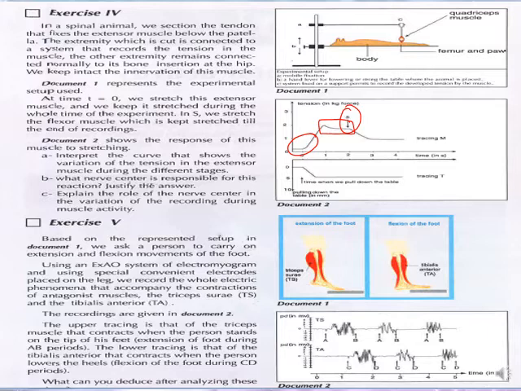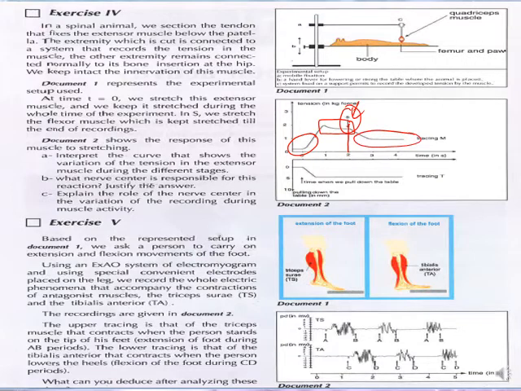Upon stretching the flexor muscle in S, at a time of about 2 seconds, the tension in the extensor muscle decreases to reach a minimum value of about 1 kilogram force and remains constant at this.